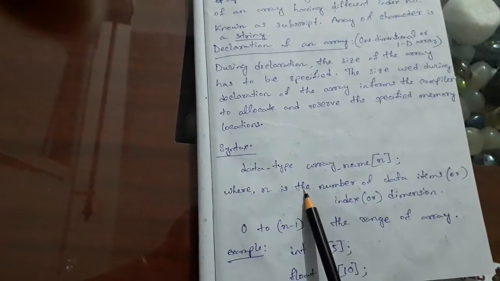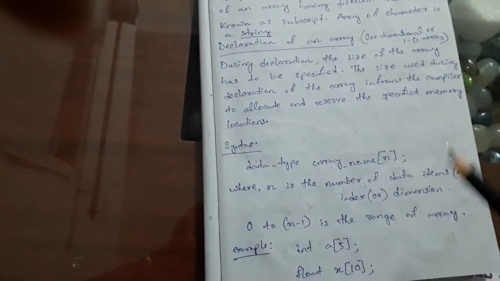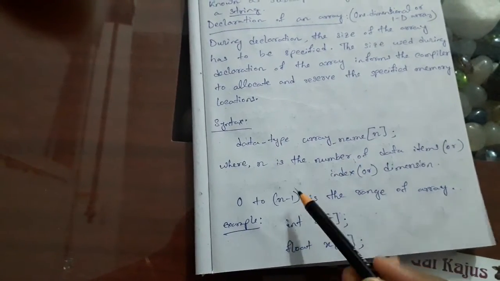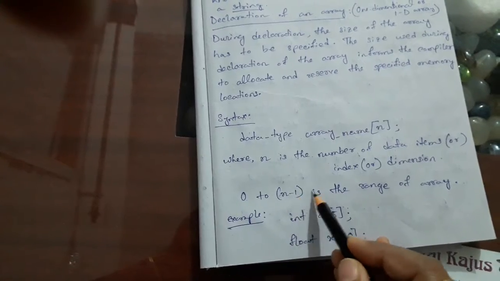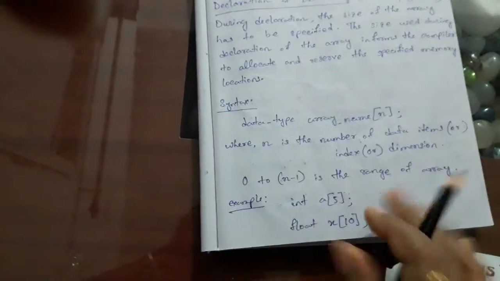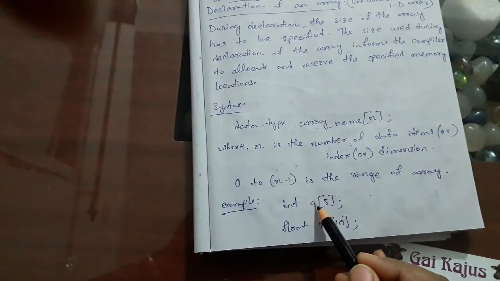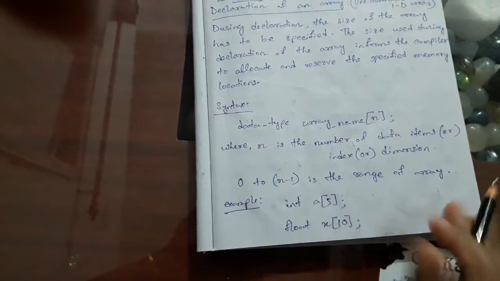So n specifies the number of data items or index or dimension. Now this indexing number will start from 0 and go up to n minus 1. This is the range of the array.